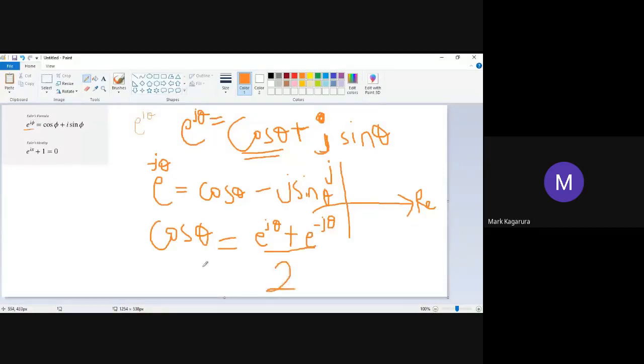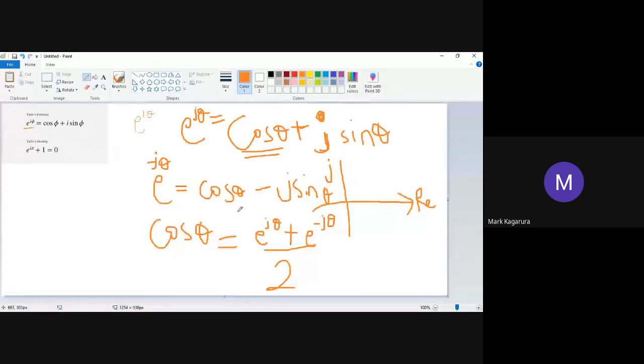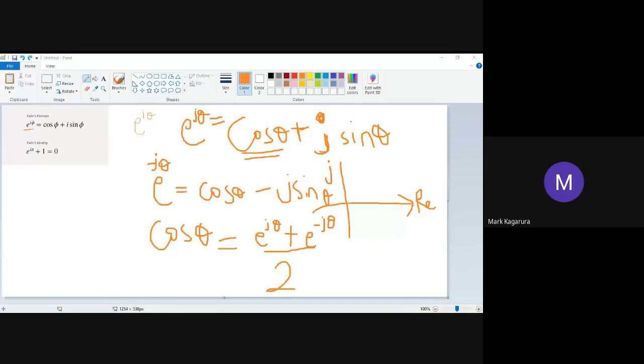And then the same for the sine. It's just that in this case, you'll have to subtract the two of them. So sin θ is going to be equal to, we don't have space. Let me just see if there are people waiting outside first. Because my sound is not on to admit everyone.